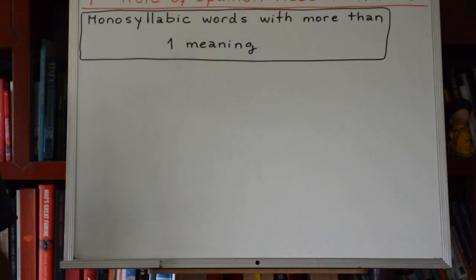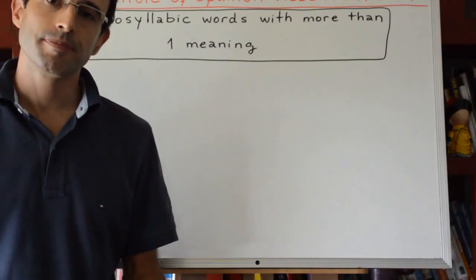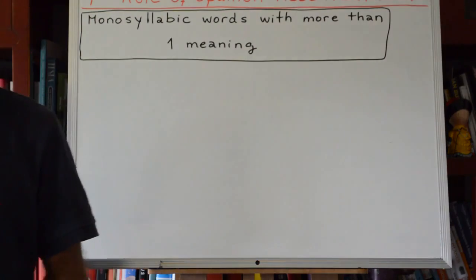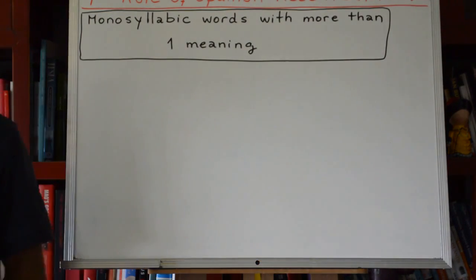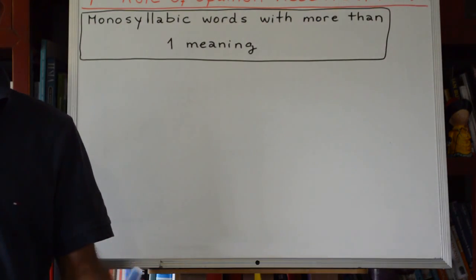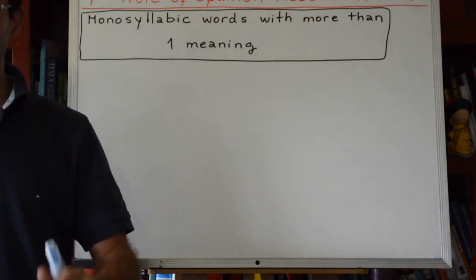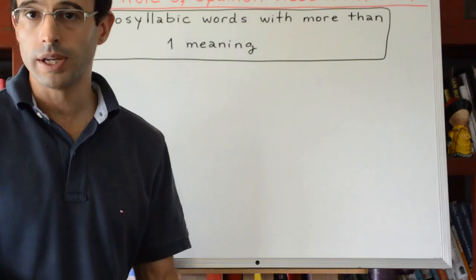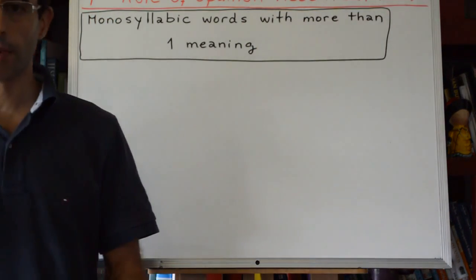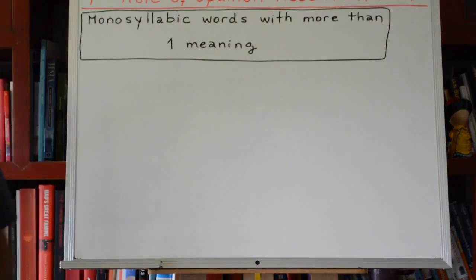Bien, la cuarta regla, the fourth rule, trata de las palabras monosilábicas. It is about the monosyllabic words que tienen más de un posible significado, that have more than one possible meaning, okay?